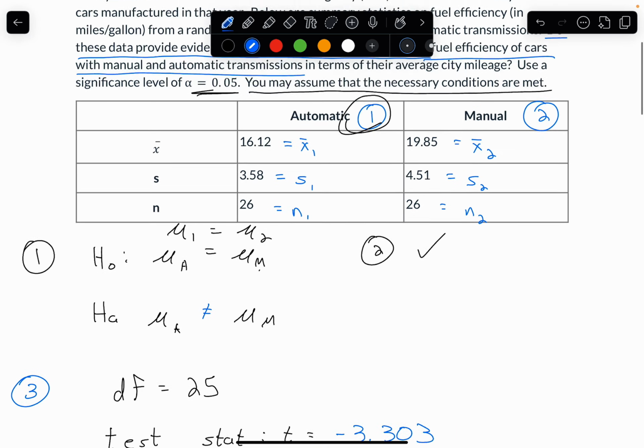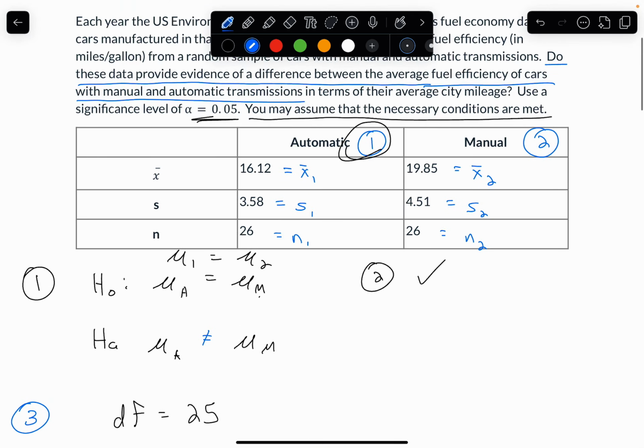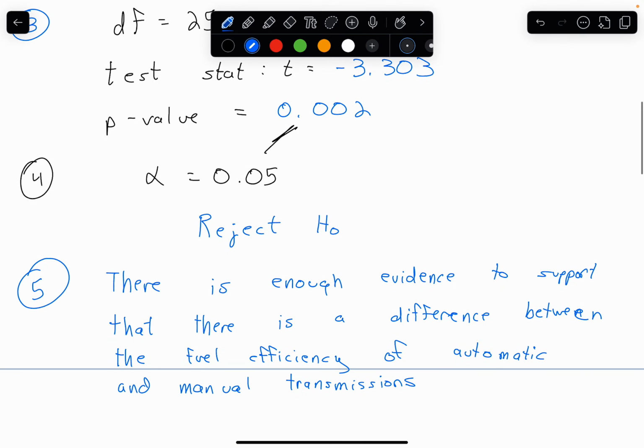Making sure I didn't miss anything. Automatic and manual transmissions in cars, if you wanted to be a little bit more specific.